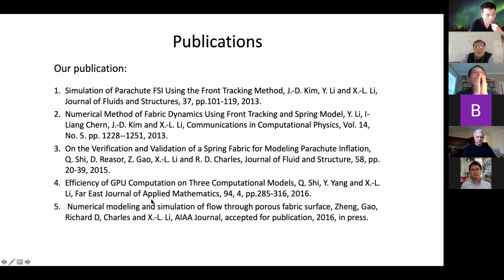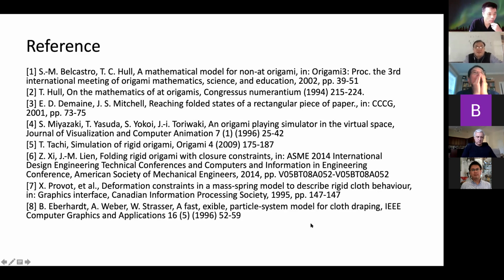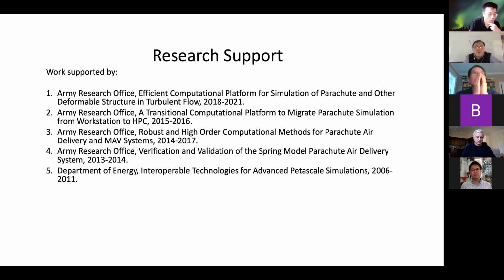And this is a paper about the porosity study, and it was published in AIAA. And these are the references of other people, and this work has been generously supported by the Army Research Office. In particular, I'm very grateful to Joe Myers, and he is very supportive of our research work.